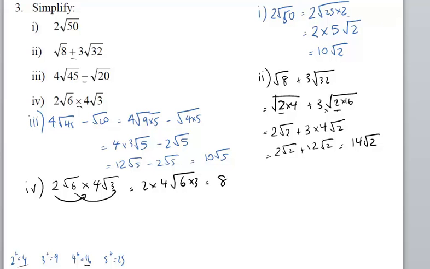So we're going to have 8 and square root of 18. Now we can simplify this 18. So 18 is 2 times 9, so we have 8 square root of 9 times 2. So 8 times by square root of 9 is 3, and root 2. 8 times 3 gives us 24, square root of 2.